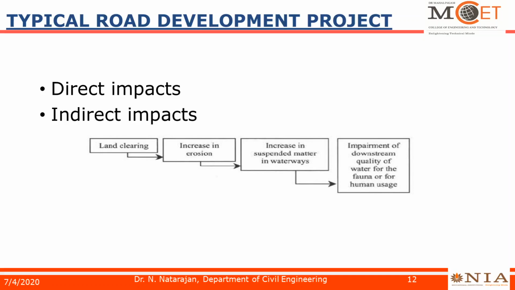So that is the meaning of upstream side and downstream side. On the downstream side the water quality goes down, and the water is not suitable for usage by human beings and also maybe animals.